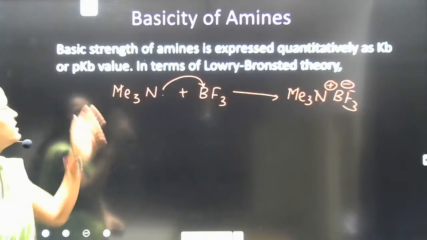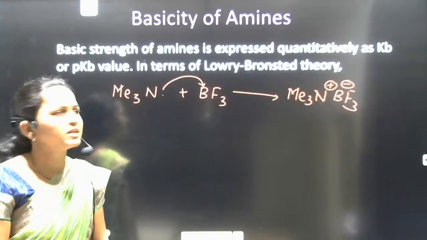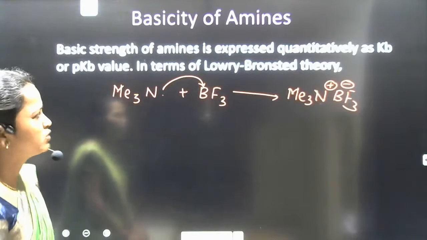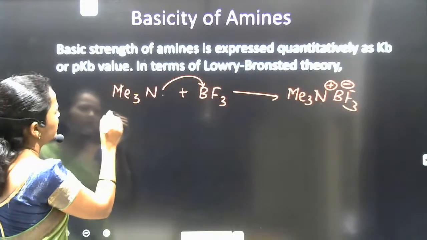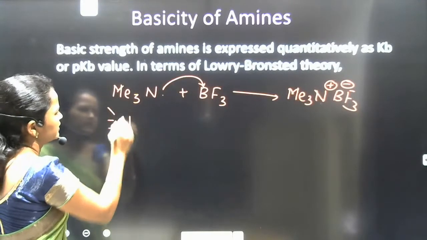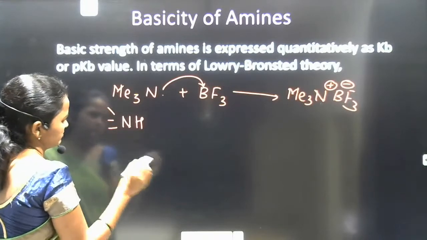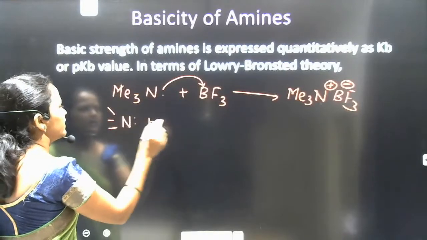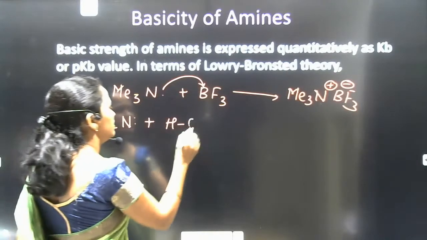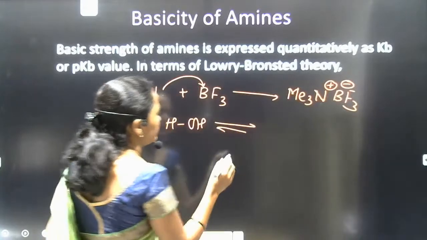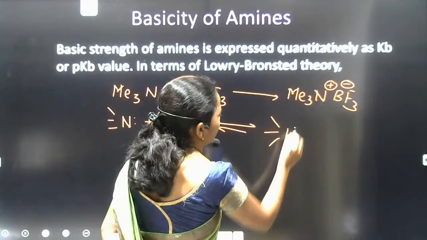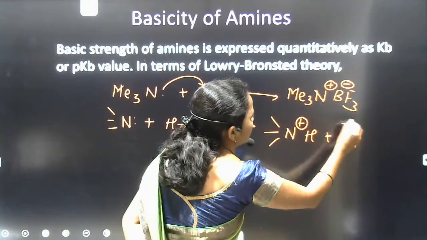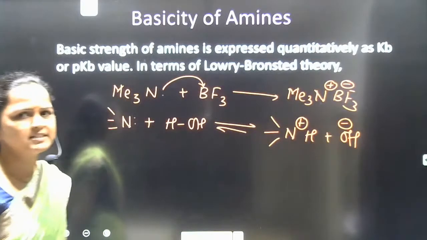Now student, the basic strength of amines is expressed quantitatively as Kb or pKb value. So let's see the equation. When a tertiary amine reacts with a water molecule, it forms an equilibrium. The nitrogen accepts the H plus ion from the water molecule to form the conjugate acid.